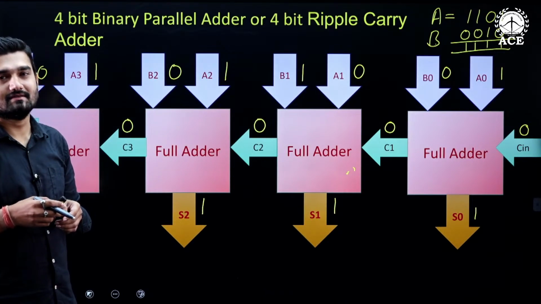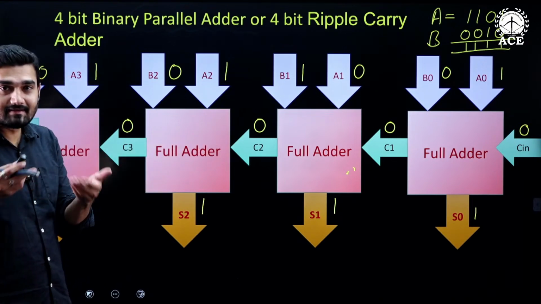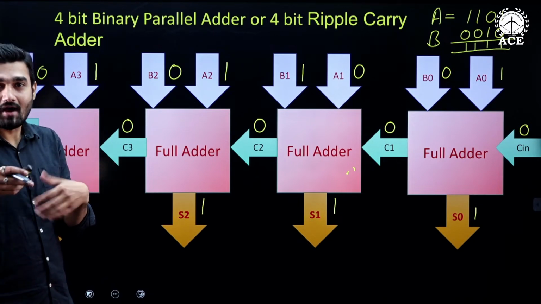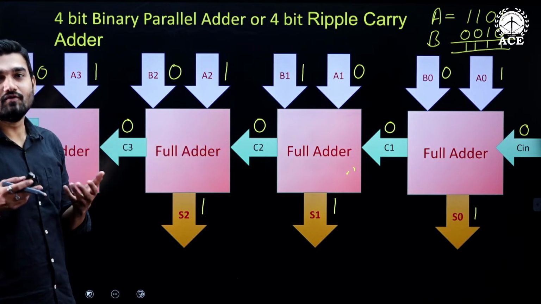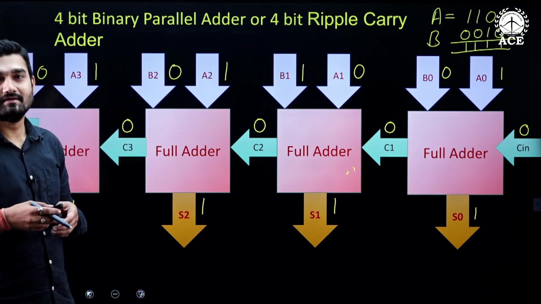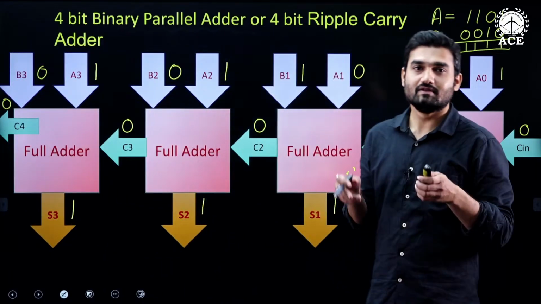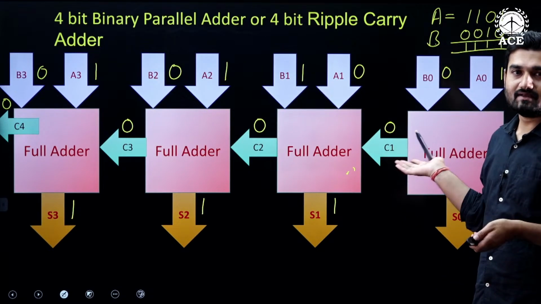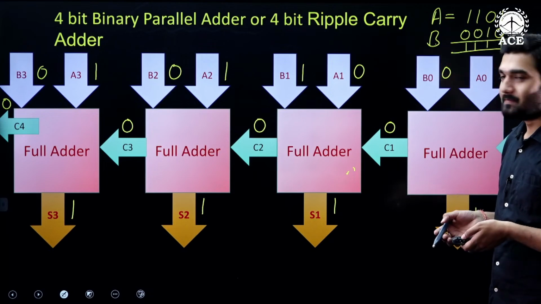I think you remember the digital logic, 2, right? Then how many full adders? 4. How many half adders? Internally you should know how a full adder looks. So if these are 4 full adders, then 4 into 2, 8 half adders, right? Along with an OR gate. So a full adder is an implementation of 2 half adders with an OR gate. Yes or no? These things we already know in our basic subject.